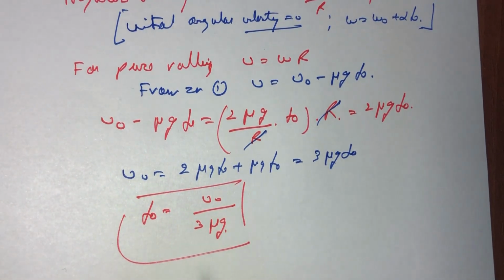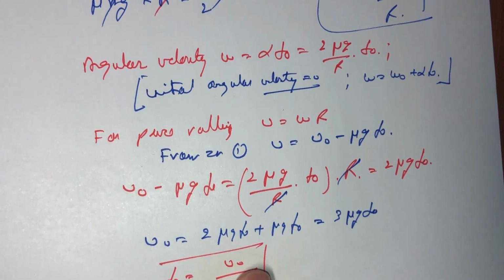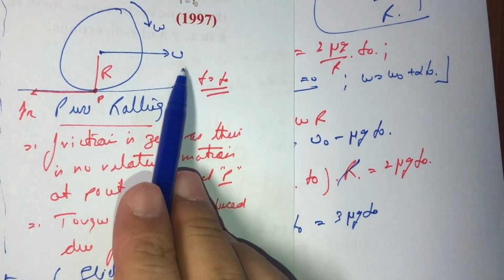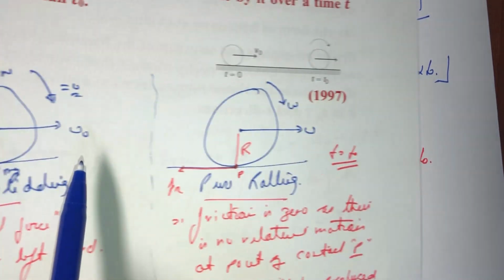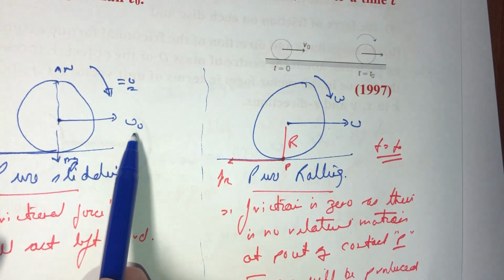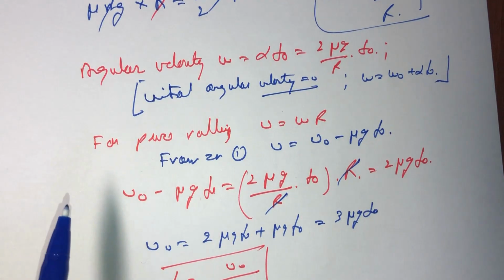Okay. Now once again we are going to use equation number 1 and find out what will be the velocity v. We found out v naught in terms of t naught. Now we are going to find out v in terms of t naught using once again equation number 1.